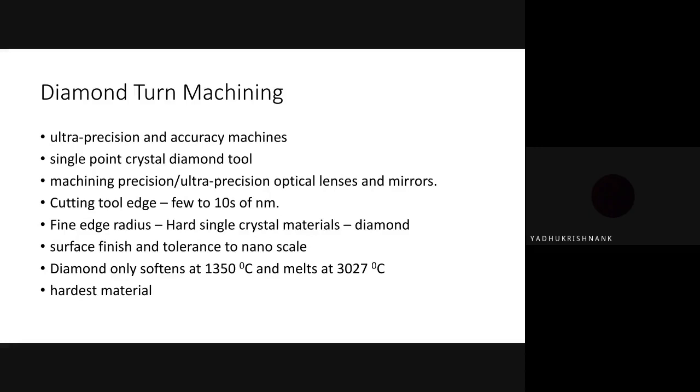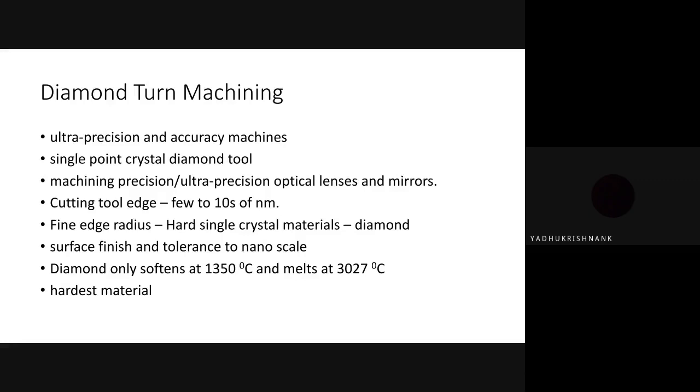Here you can see a fine edge radius given to the diamond cutting tool. This is a hard single crystal material, that is, diamond. This tool is used for the whole turning process in diamond turn machining, so that, as told earlier, we can machine precision or ultra precision components like optical lenses or mirrors.